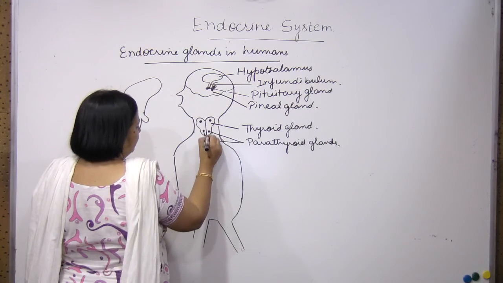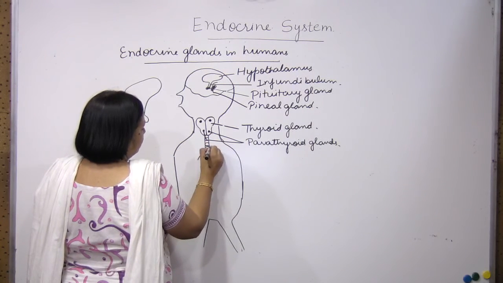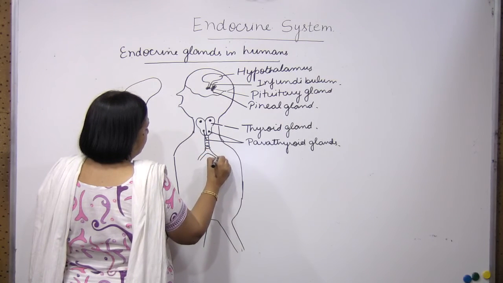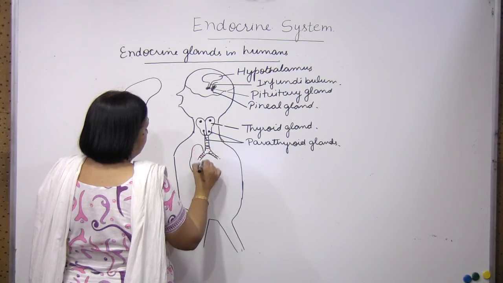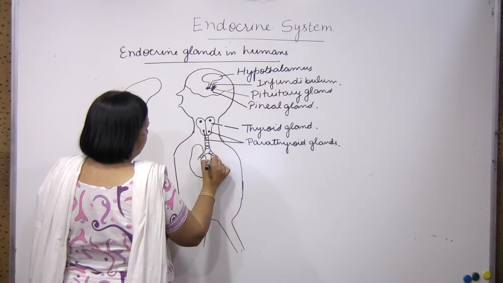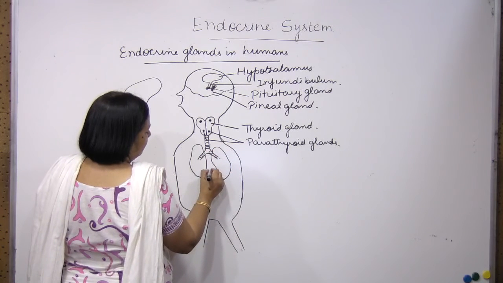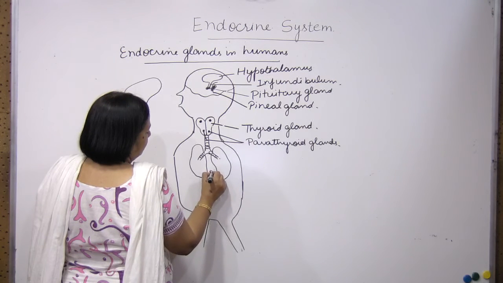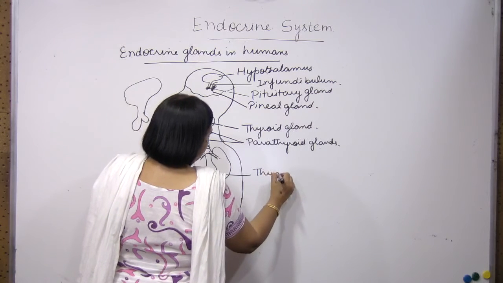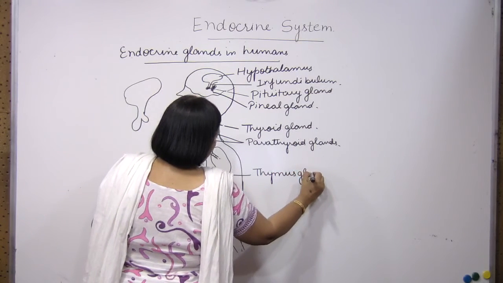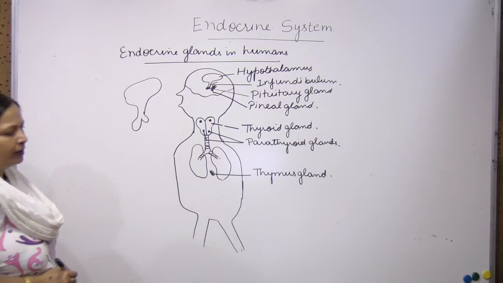Then here it is the trachea, here it is the chest cavity, these are the lungs. Here is the thymus gland. So the thymus gland is present in the chest cavity.